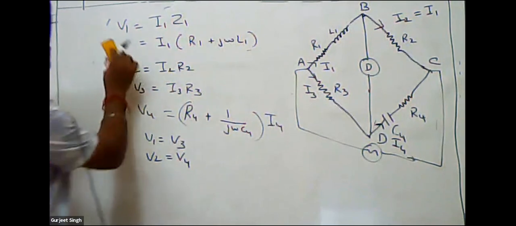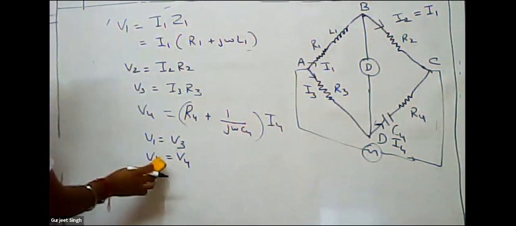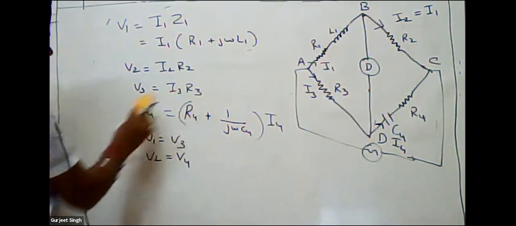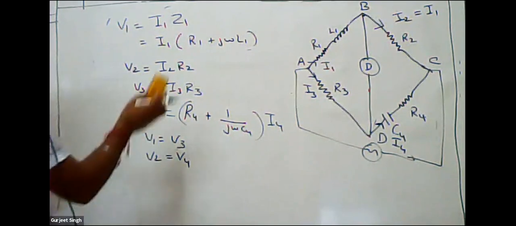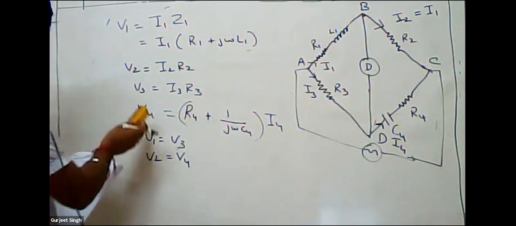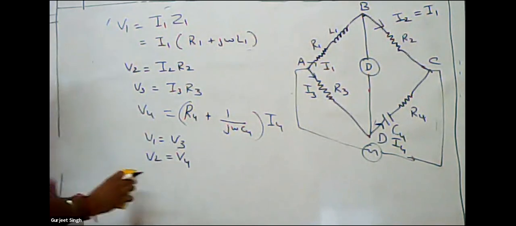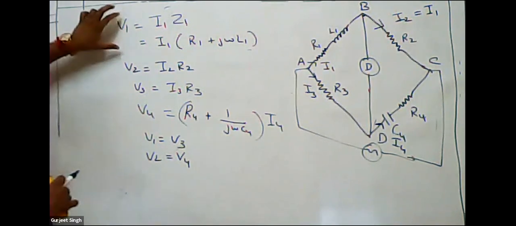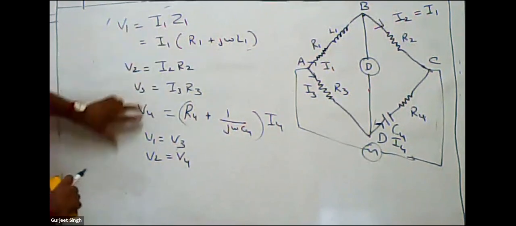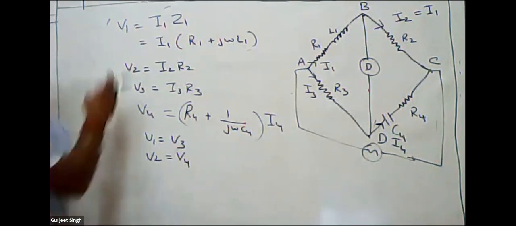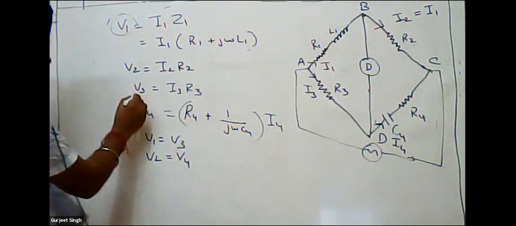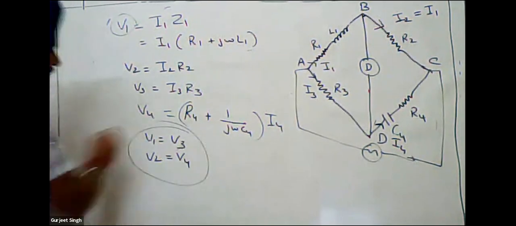V1 equation is this one, V3 is I3 R3. So we are equalizing these equations, and V2 and V4. We are getting the equations. Students, first of all, you will write down the voltage across each arm. Then we will put these V1, V2, V3, V4 values in this equation.